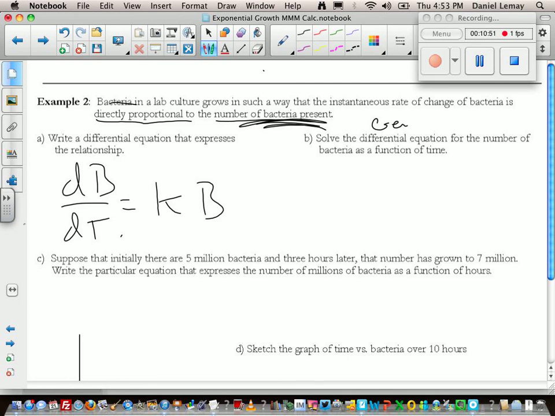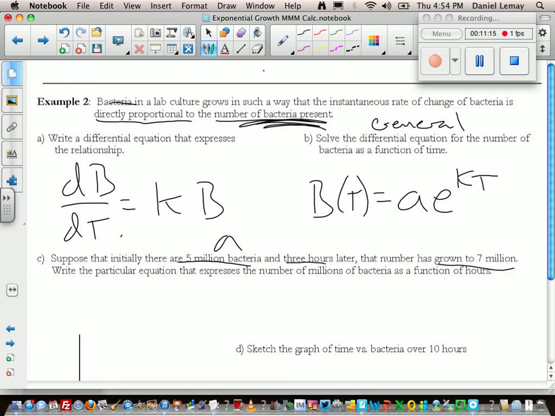So we know from that work before, we can just write bacteria as a function of time is equal to some initial amount times e to the kt. So they're telling us that now for part C, there's 5 million bacteria initially. That's A. And 3 hours later, it's grown to 7 million.